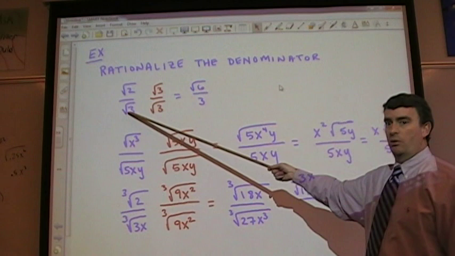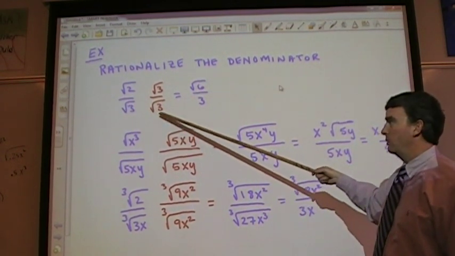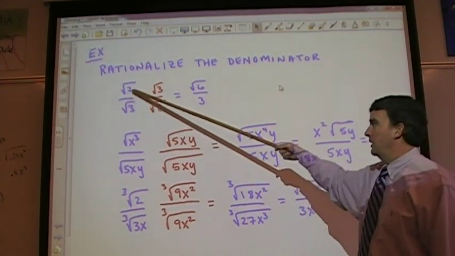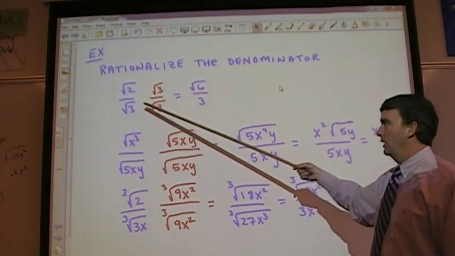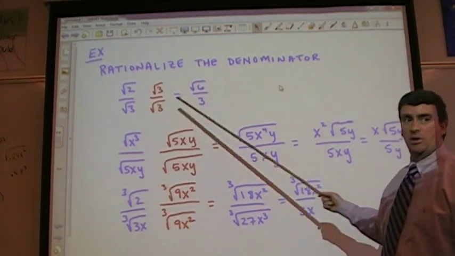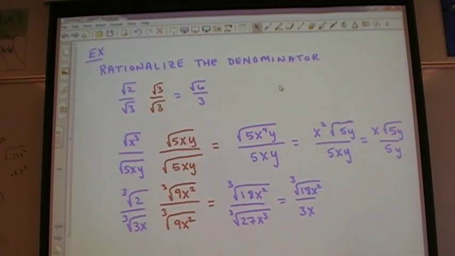Square root 2 over square root 3. We cannot have a square root 3 in the denominator, so all I do is multiply the top and bottom by whatever that radical is. So on top I get root 6, bottom I get 3. Whenever you multiply a radical by itself, you get that number. Okay, so that's it for the first one. Now if I told you to rationalize square root 2 over square root 3, you should end up with square root 6 over 3. And that should be nothing new.